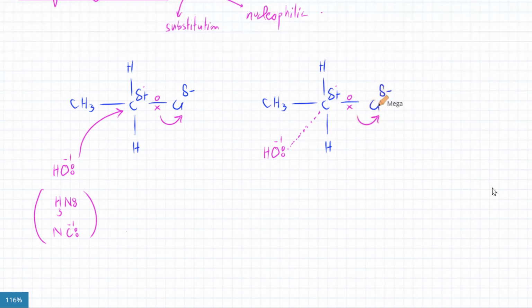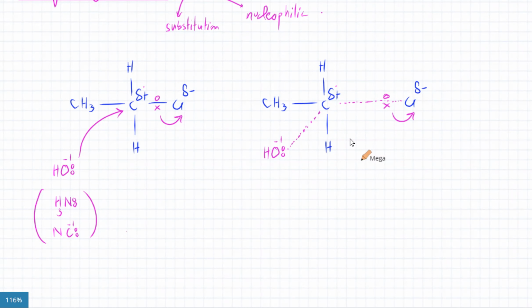It gets further and further away, and its electrons become further away because they are being repelled. Eventually the electrons of Cl would leave and break off, and the OH would come in and join up.